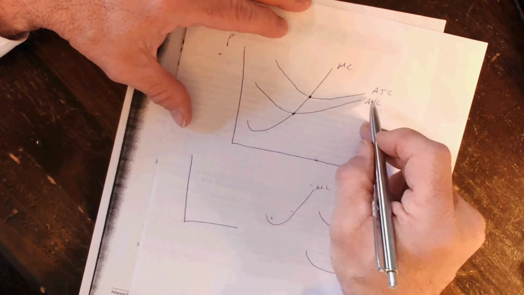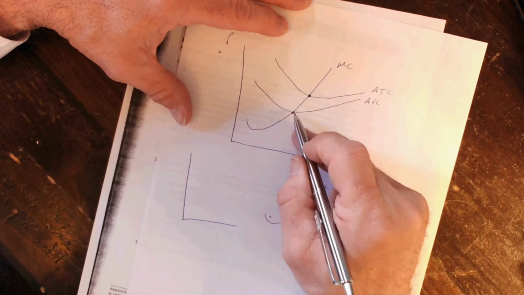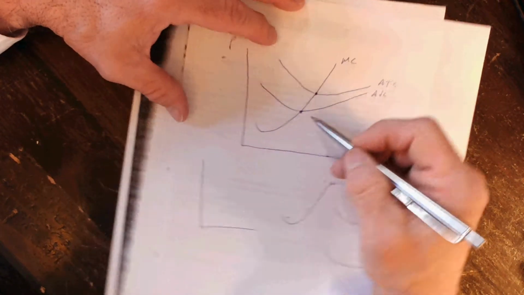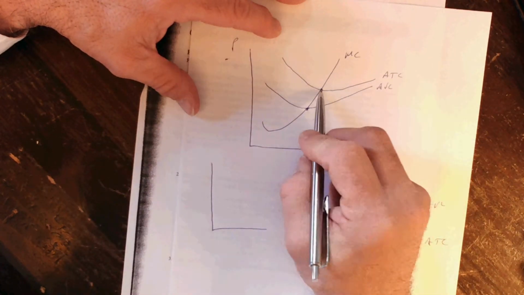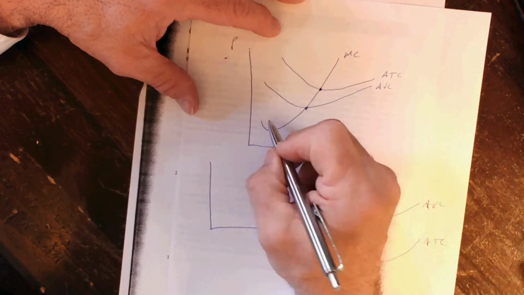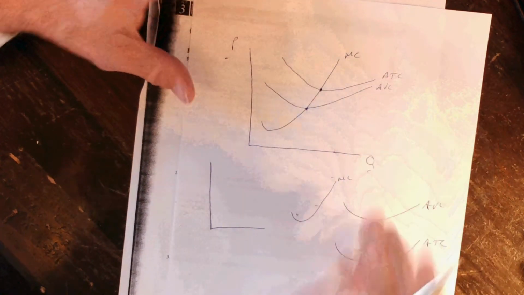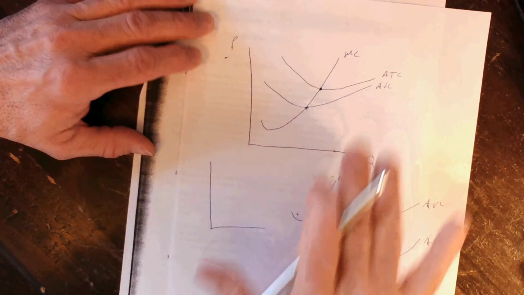Similarly here, average variable cost is more sensitive to changes in marginal cost because it's not weighed down by fixed cost. So it achieves a minimum first. Then later, average total cost will achieve its minimum. But again, we have the idea of increasing returns, and then diminishing returns and negative returns, shaping why these curves are shaped the way they are.